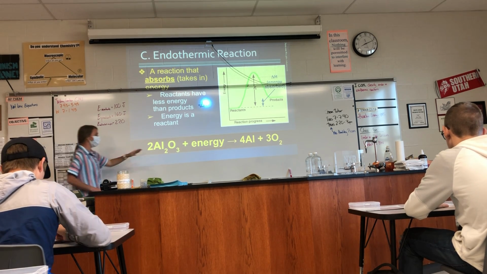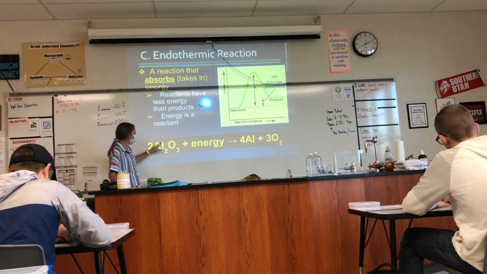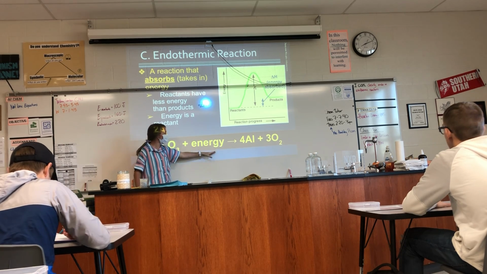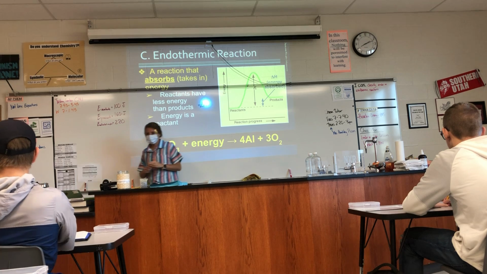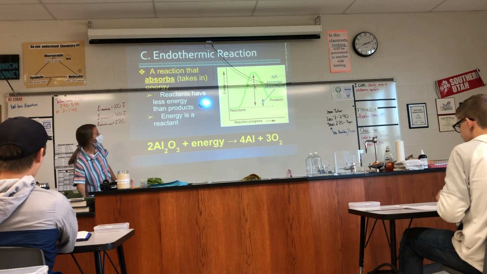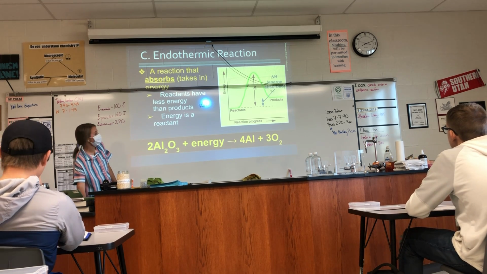Sometimes they write it as a word, but it could also be written as a number. So they could have said this plus 150 kilojoules turns into this and that. And then going back to the graph, recognize that endothermic graphs are always going to end higher than they started.